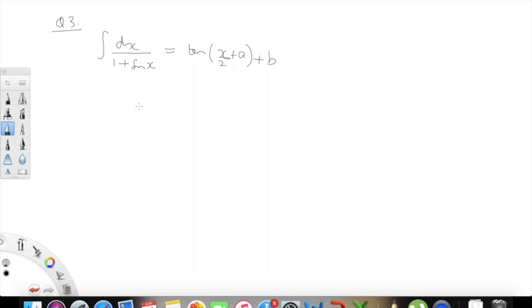Tan's derivative is secant square, right? So we need to form somehow secant square in the integral. Now we see that in the denominator we have 1 plus sine x, right?